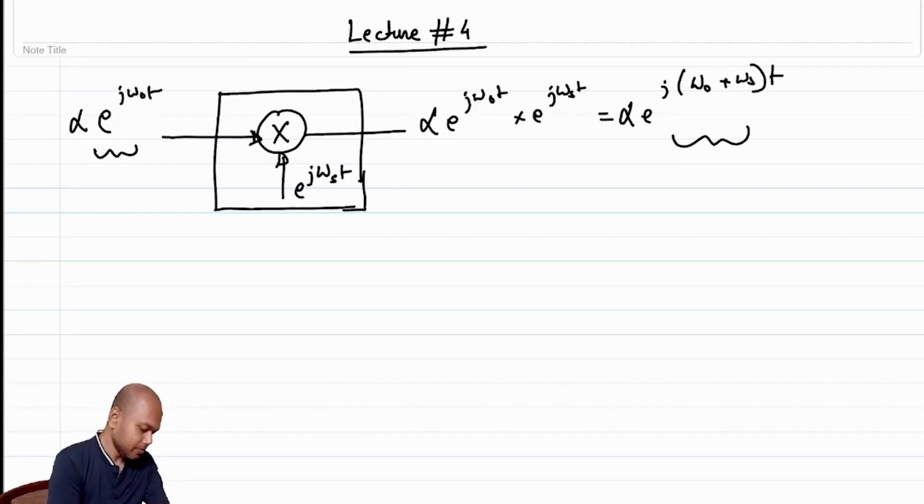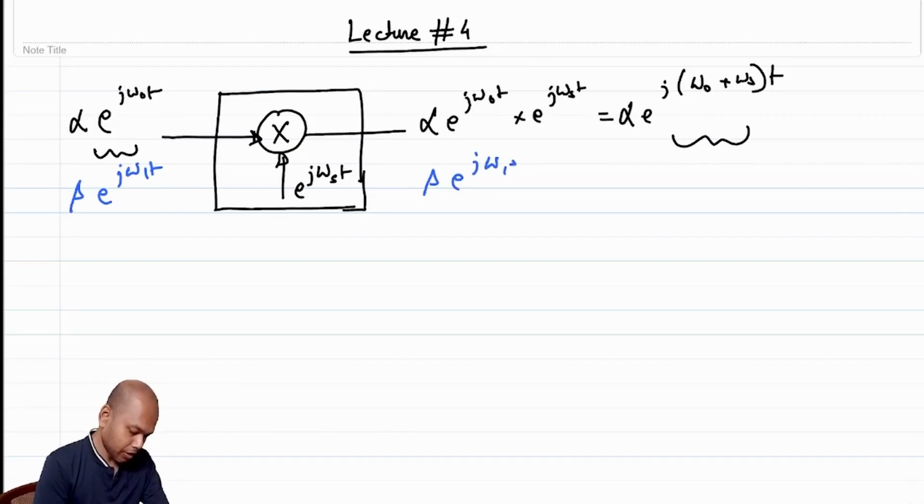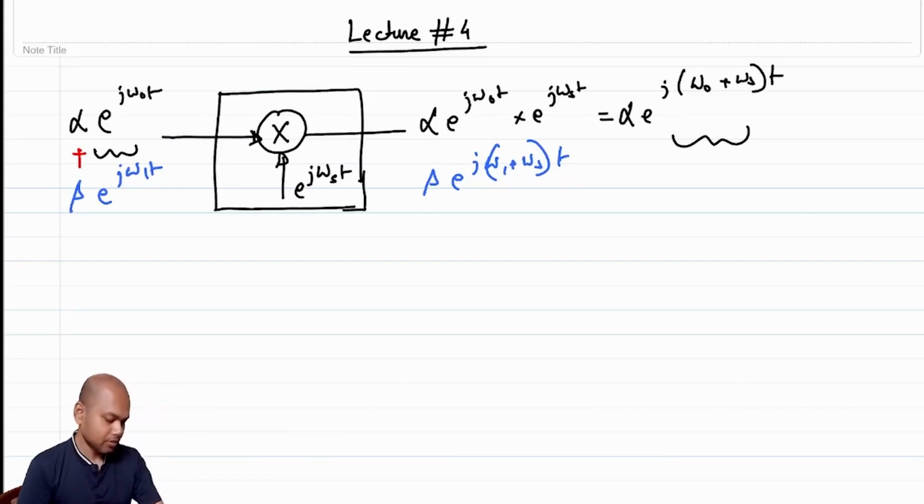Similarly, if we apply another input, beta e to the power j omega 1 t, the output will be beta e to the power j omega 1 plus omega s, t. And if you apply both of them together, again the same thing happens: the output will be the summation of these two.